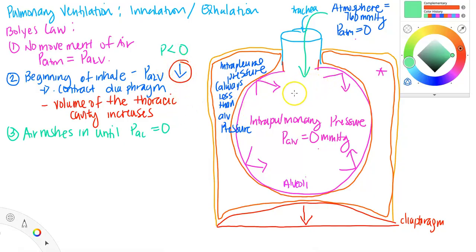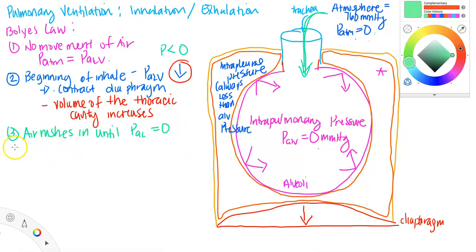So it goes in until the pressure equalizes, and it's then 0 along with the atmospheric pressure. Since the diaphragm made the thoracic cavity bigger, it made the pressure go less than 0, which is less than 0 here in atmosphere, and that's why the air flowed in.